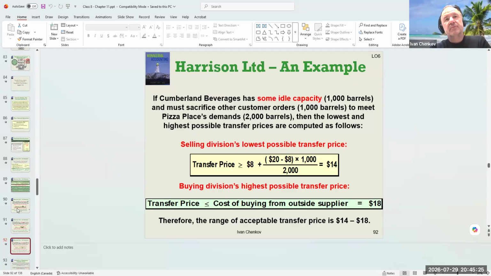Don't stop regular sales to make an internal transfer. Because if you stop the regular sales, you're losing the $20. The other division can buy it from outside for $20. They're never going to pay you more than that anyway. So for that reason, keep selling at 20. The other division keeps buying for 18, and everything is in the best interest of the company.